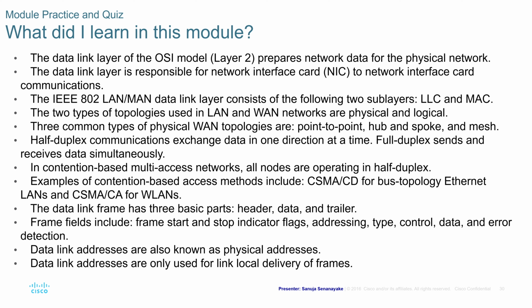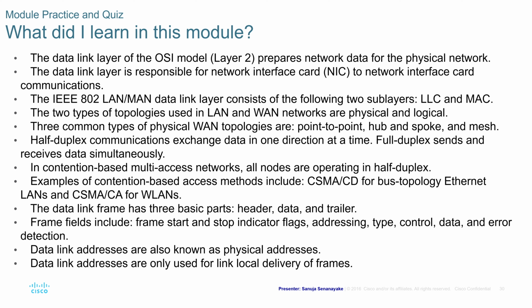The data link frame has three basic parts, which are header, data, and trailer. The frame fields include frame start and stop indicator flags, addressing, type, control, data, and error detection. And you should know how to describe them, the definitions of those, and why they exist. Data link addresses are also known as physical addresses.